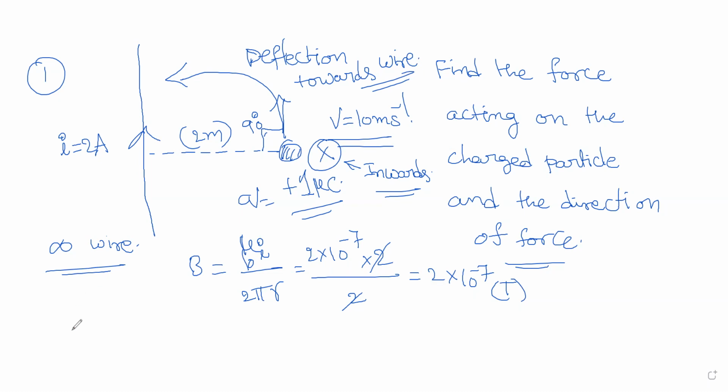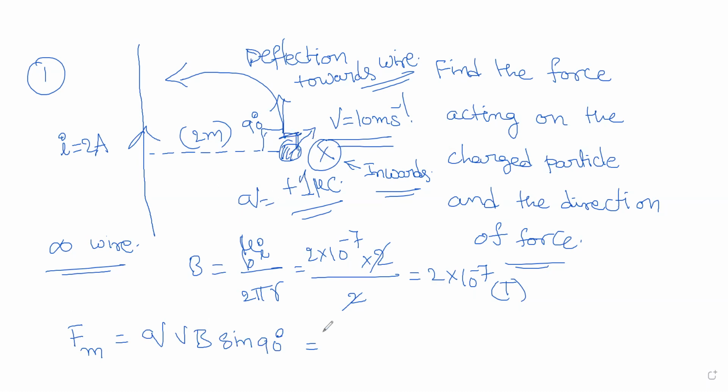After that, F_M is very easy. QVB sine theta. Theta is the angle between velocity and field, that is 90. So QVB sine 90 is what you have. The field and velocity are both perpendicular, of course.